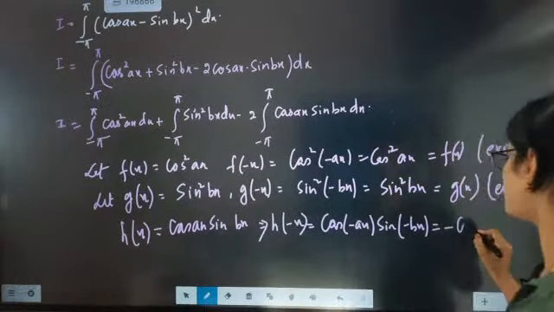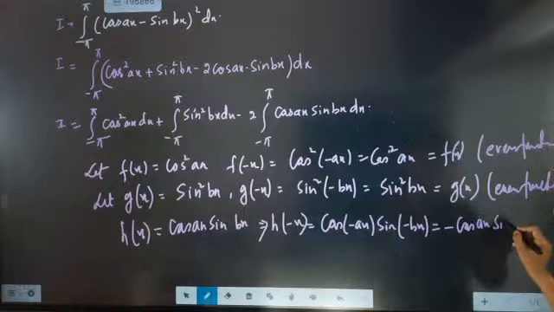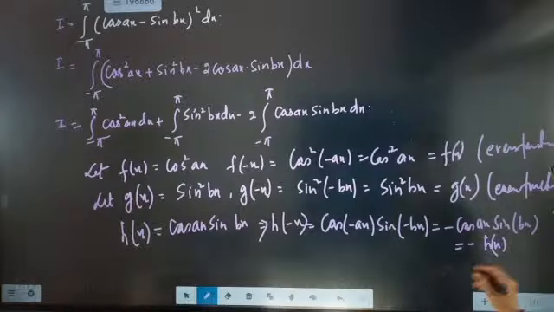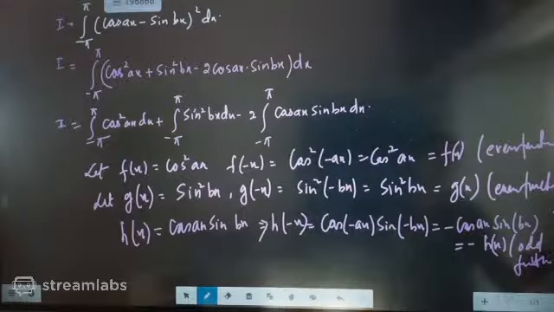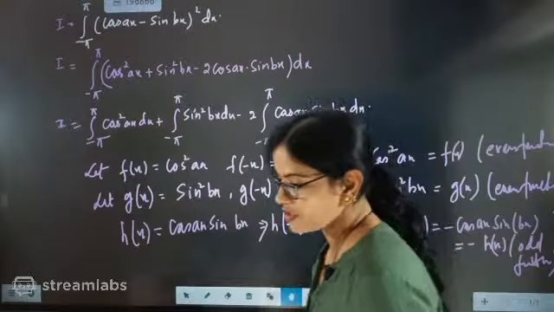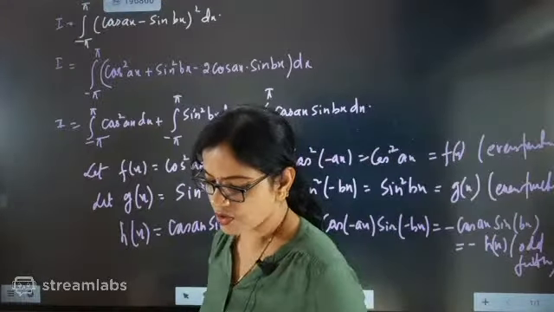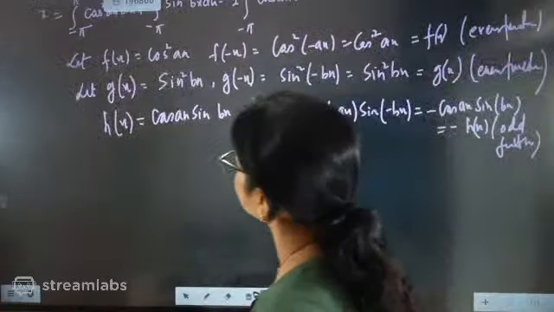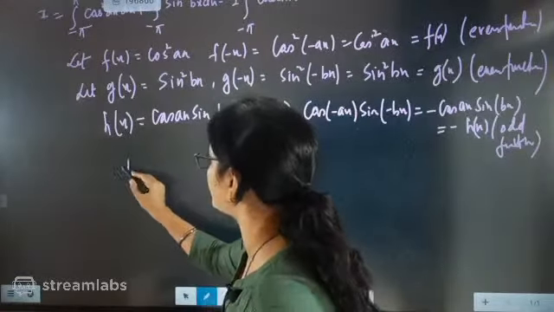This becomes minus cos ax into sin bx, because sin of minus becomes minus, so it is minus h of x. Hence it is an odd function. I told you, whichever function is odd, you must leave that part.